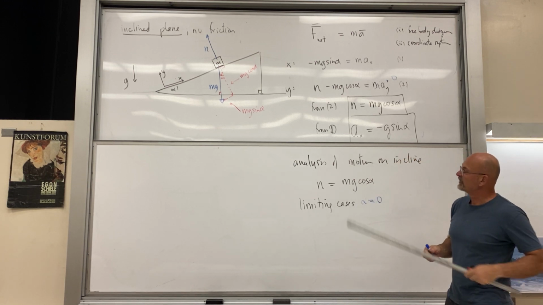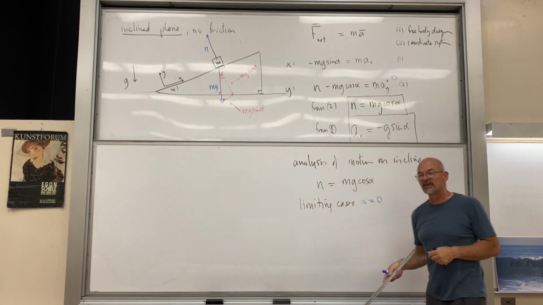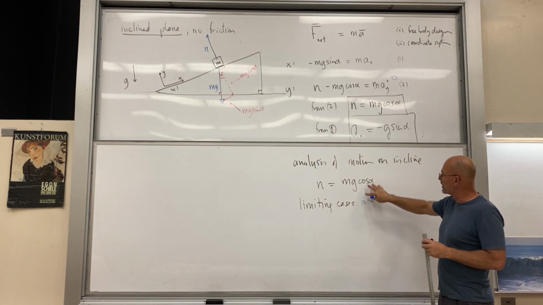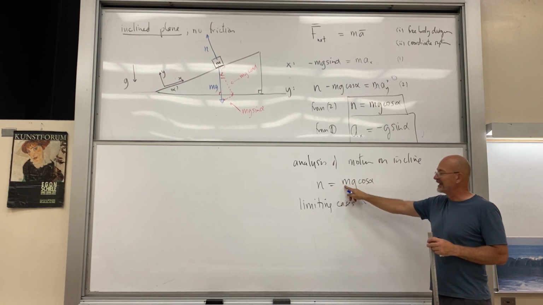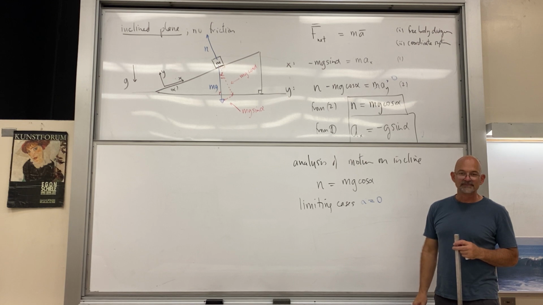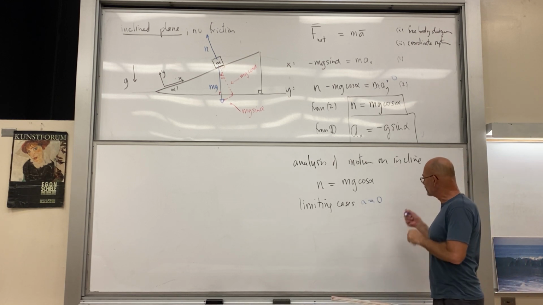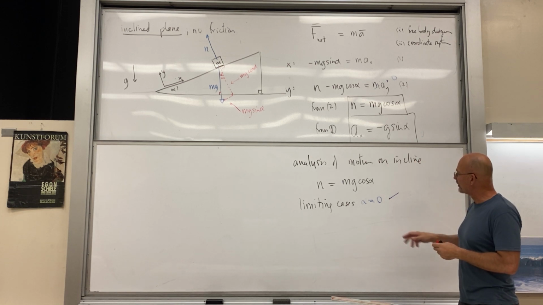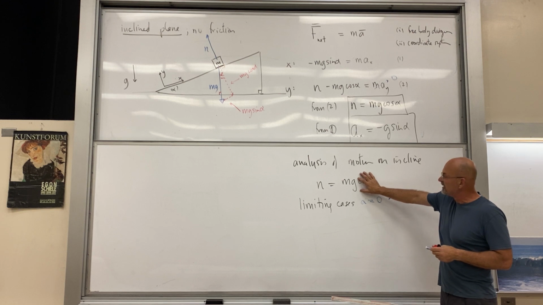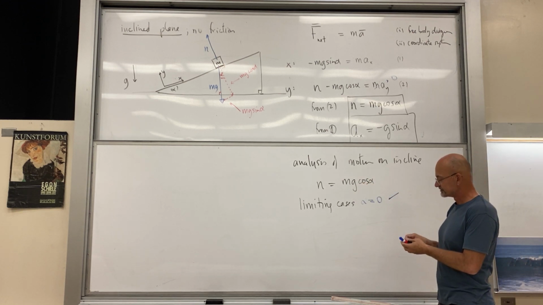What does that mean? That means I'm not on an actual incline, I'm just on a flat tabletop. If alpha equals 0, cosine of 0 equals 1, and the normal force is equal to the weight, it's just mg. So you think that through, and then you check it off. It's just like something like this book here resting on the table.